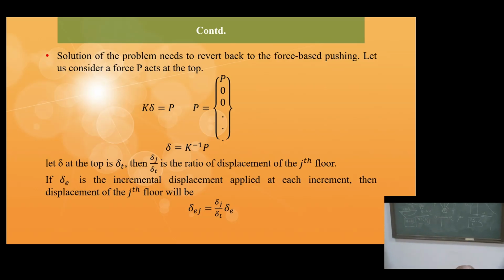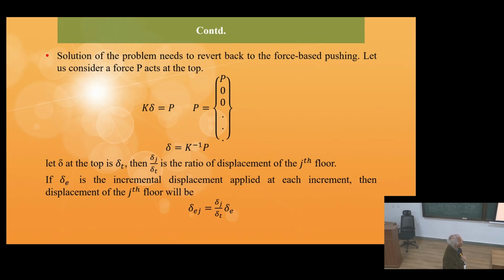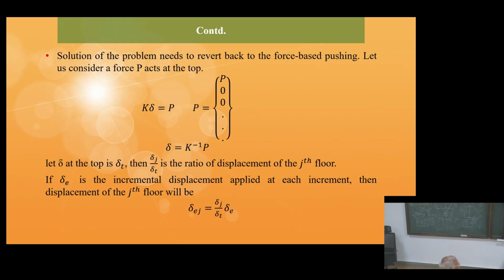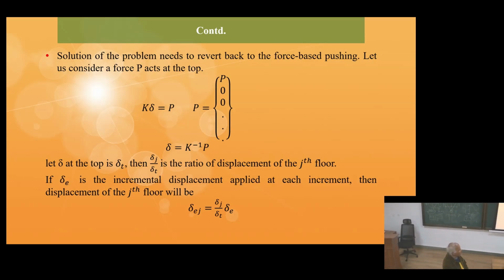Corresponding displacements: delta is equal to K inverse P, and because P basically has a 0, 0, 0, K inverse will be a 3 by 3 matrix. Now if you multiply with 1, 0, 0, you will get the first column of the inverted matrix as the displacements.